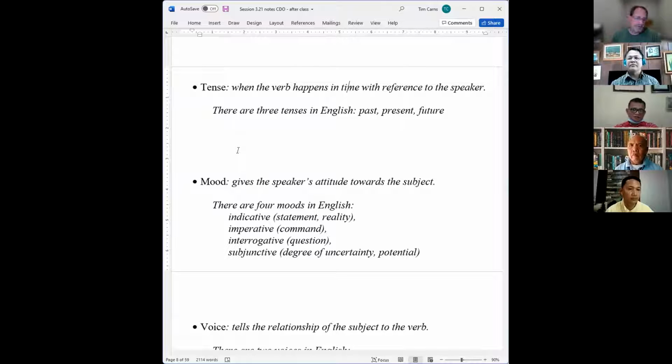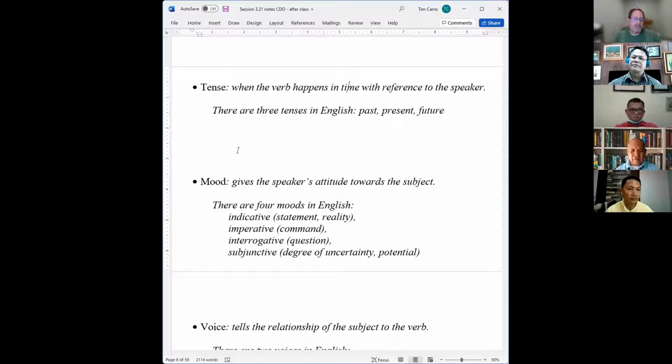And then also, in addition to tense, there is mood, which gives the speaker's attitude towards the subject. And in English, there are four primary moods. Some say a fifth, but I really see four primary moods. The indicative, again, remember that's a statement, a fact, a reality, or the imperative, which is a command.